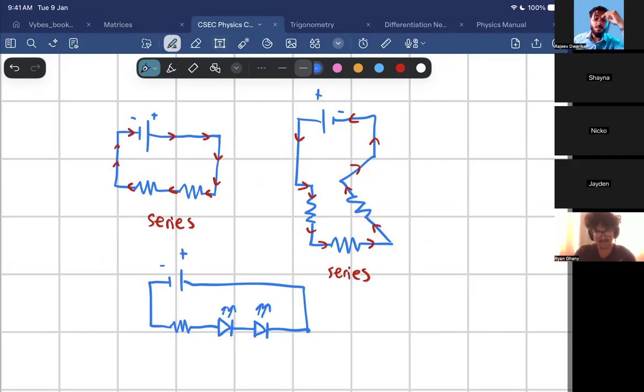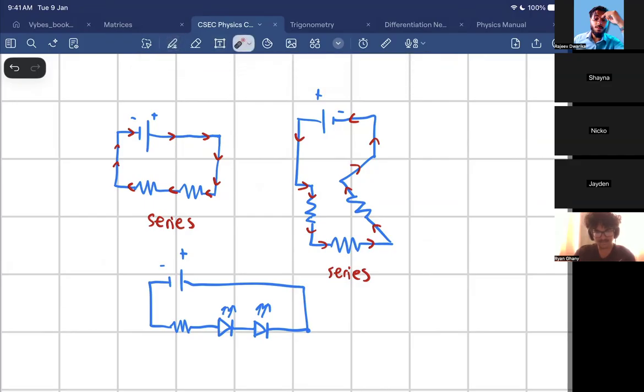They're flowing in one direction. Right, the current's flowing in one direction. But will the LEDs light up? No. Why wouldn't it light up? It won't pass the LEDs.